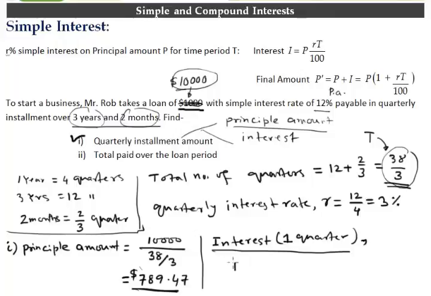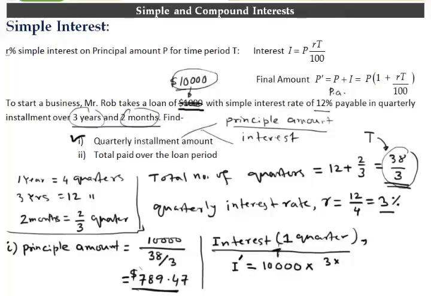So if we denote one quarter's interest by I prime, the interest in 1 quarter will be, principal amount is 10,000 times interest rate per quarter, which is 3, times time period, which is 1 quarter.